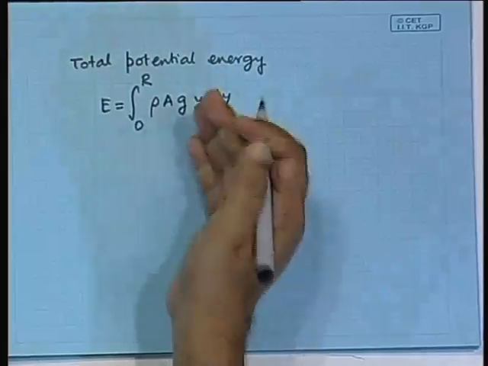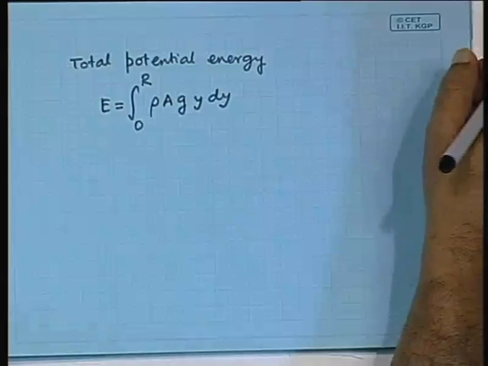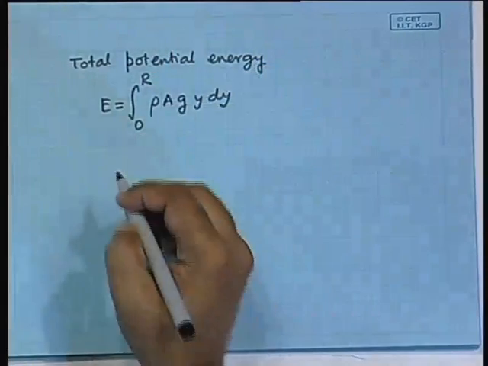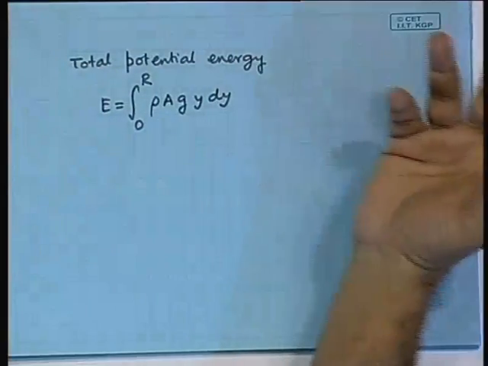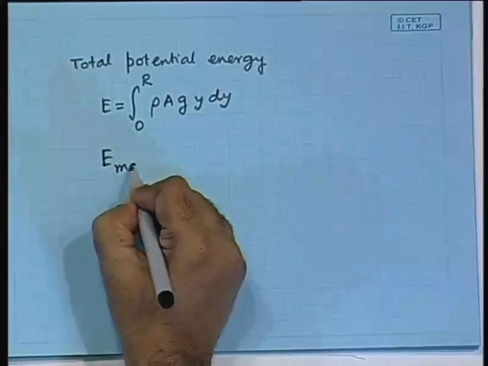Rho A g are constant, they come out, y dy integrated. Pretty simply. We will write it as E max, because that is the maximum amount of energy available.